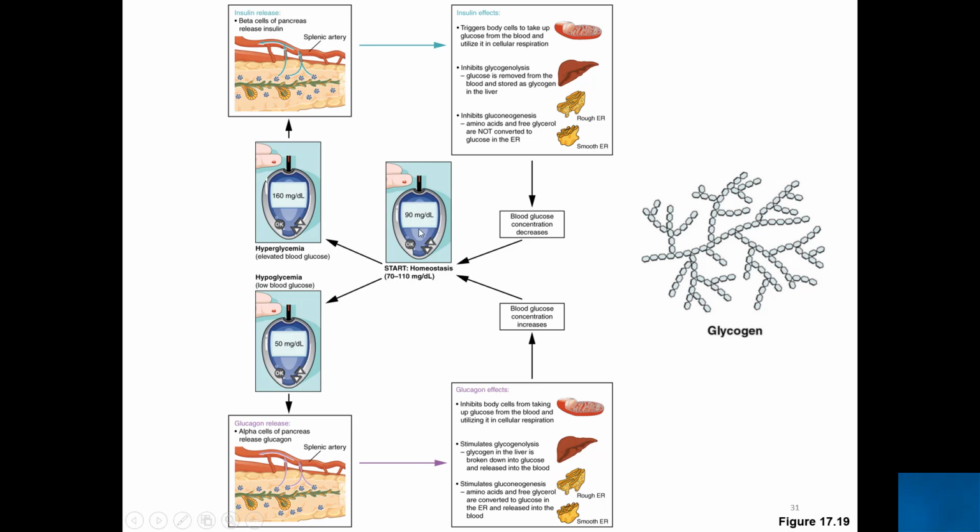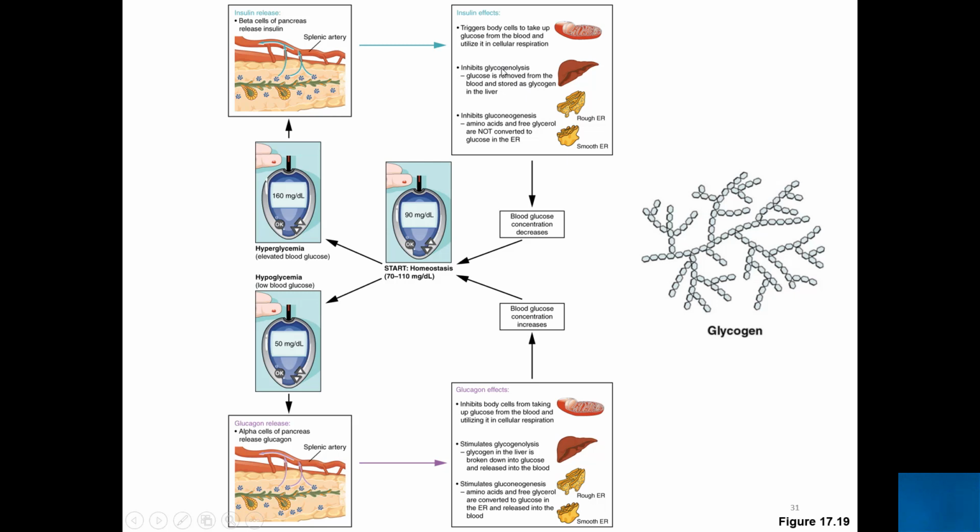What happens right after a meal, especially when you consume carbs? Your blood sugar level goes up, and that is called hyperglycemia, elevated blood glucose. Our pancreas, those beta cells, immediately produce insulin. Insulin goes to the cells and triggers them to take up glucose, which will be used to make energy in a process of cellular respiration.